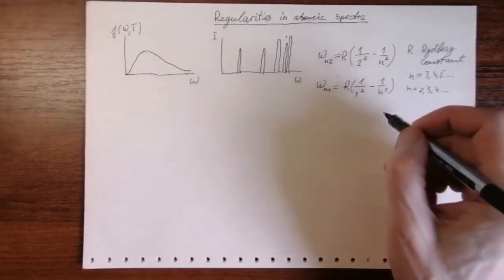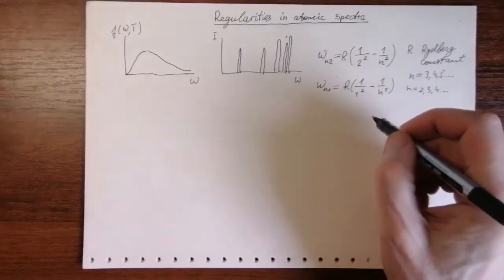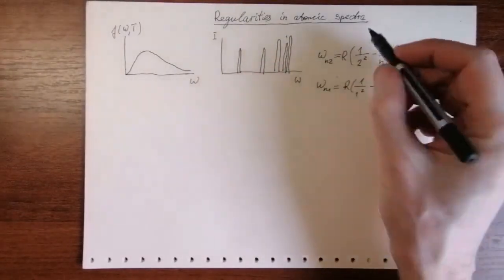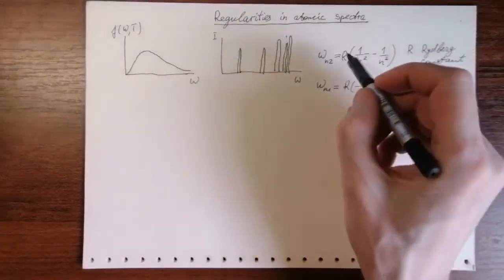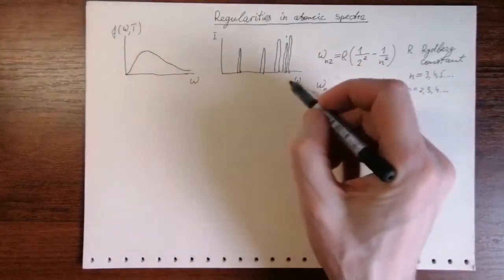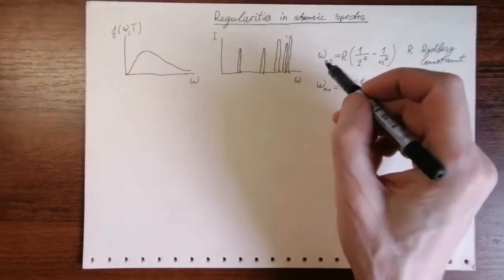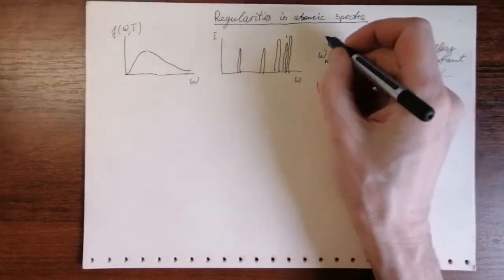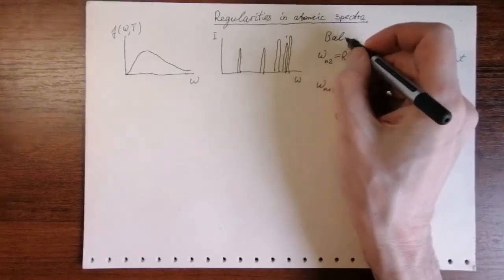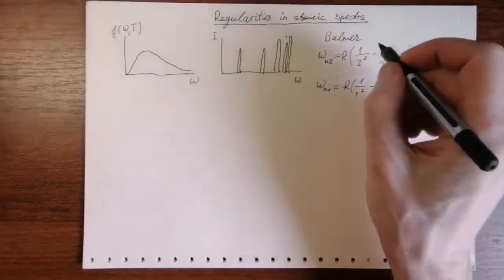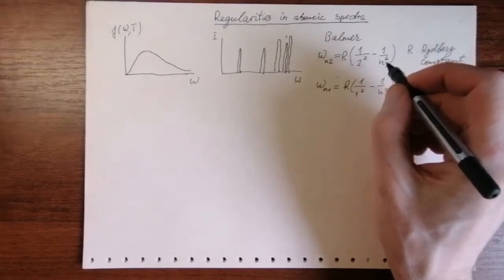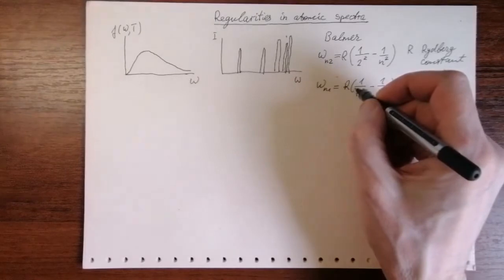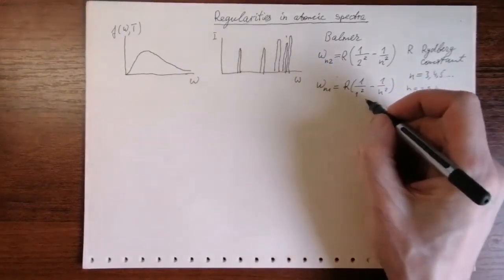These lines altogether are called a series of lines, and this series is called Balmer's series. And this series is called by the name of Lyman, the Lyman series.